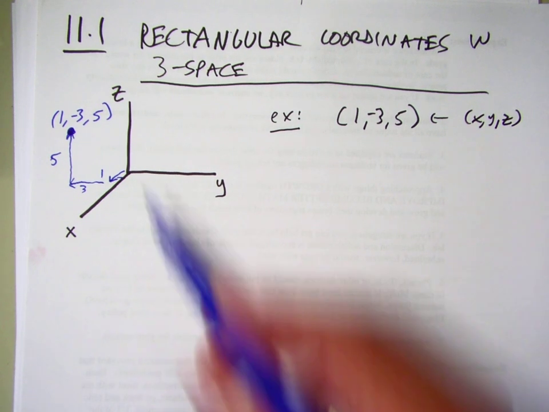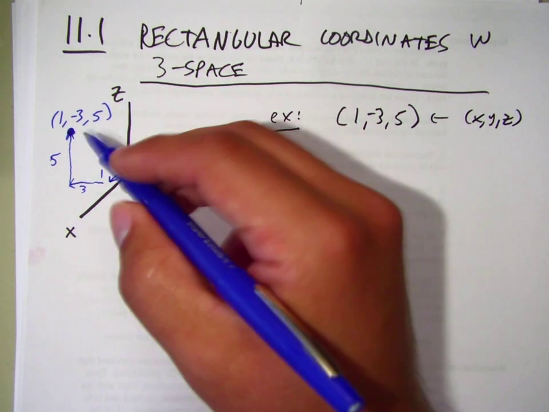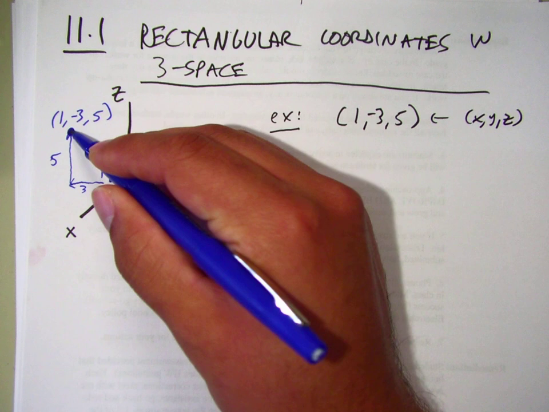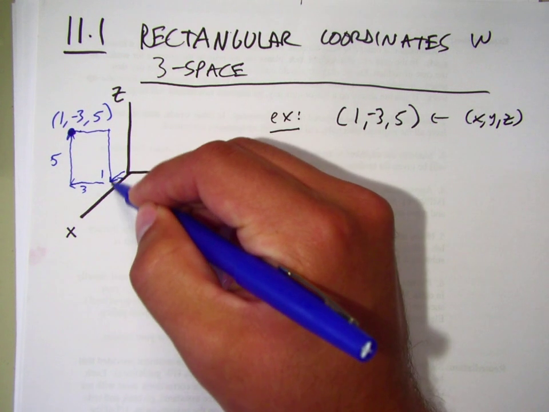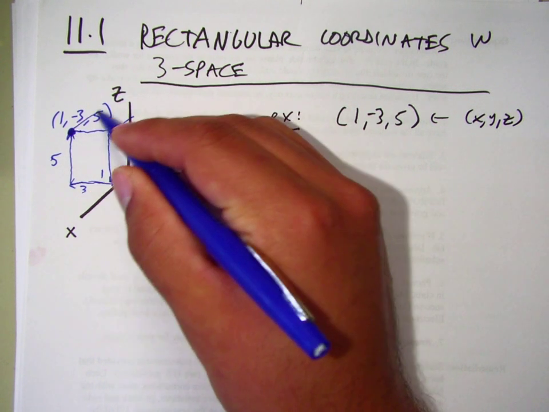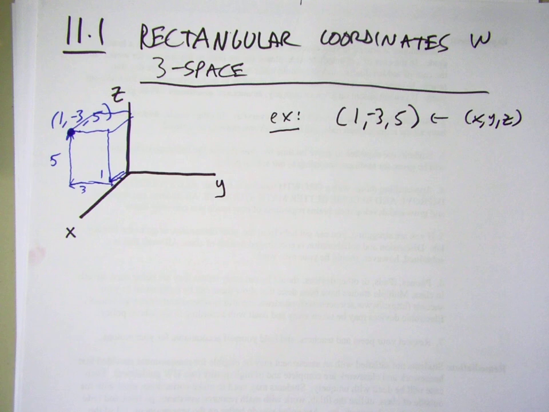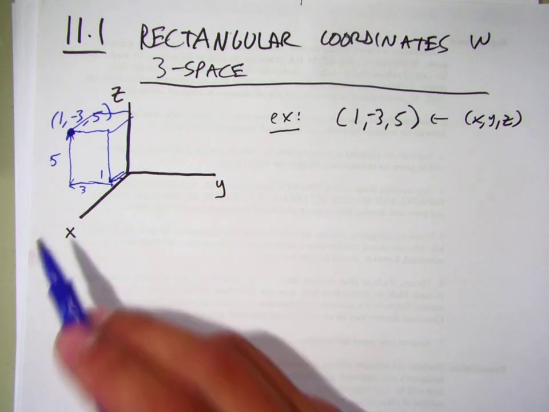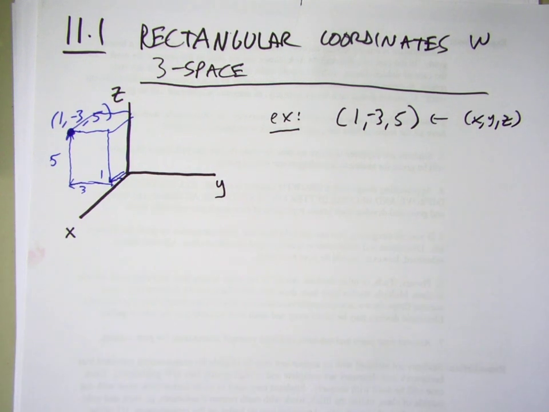Okay, you could even imagine this as being the corner of a box, if it helps visualize. Okay, so you can kind of see where it is positioned. Any questions on just that basic setup there?